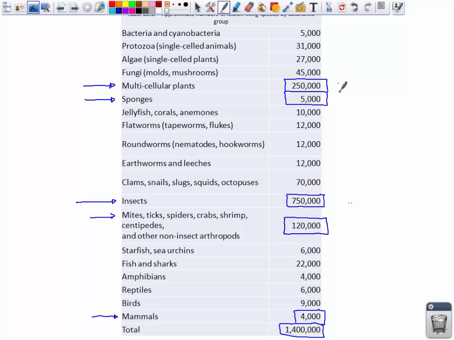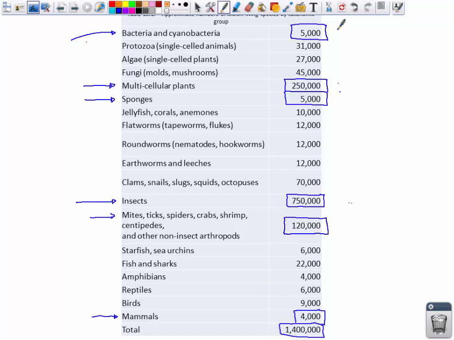One last thing I'll point out is that a lot of people think there must be a huge number of bacteria species, and there are not too many. Only about 5,000 bacterial species on the planet. You can think about how important those species are. We would not be living if there weren't bacteria in the soils and in our guts and the places that benefit our lives. But there are only about 5,000 known species of bacteria.